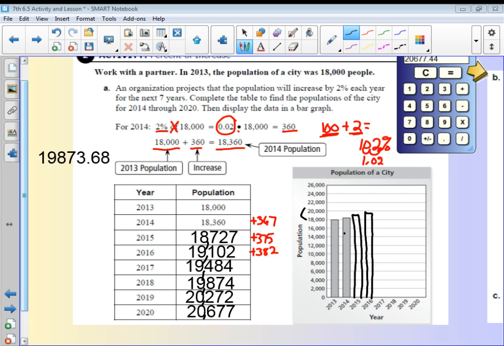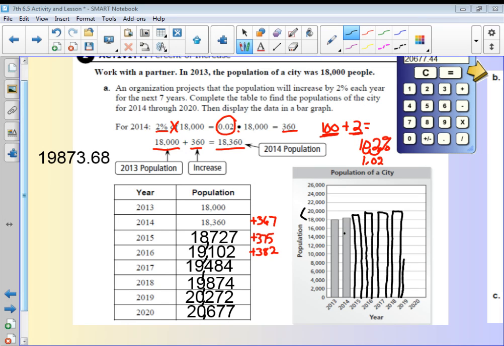The next one, 19,484, once again not all the way up to 20,000. Then 2018 was 19,874, so not quite 20,000. I apologize, these bars are not very good. You can see it's slowly increasing, even though my 2017 looks terrible.